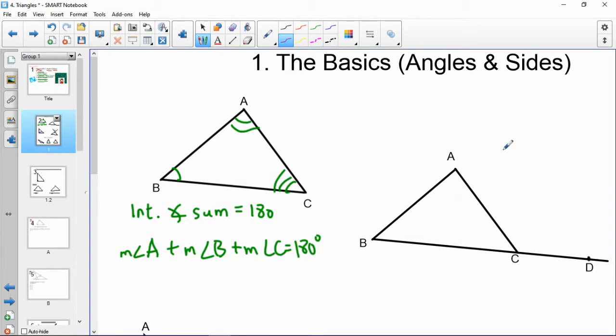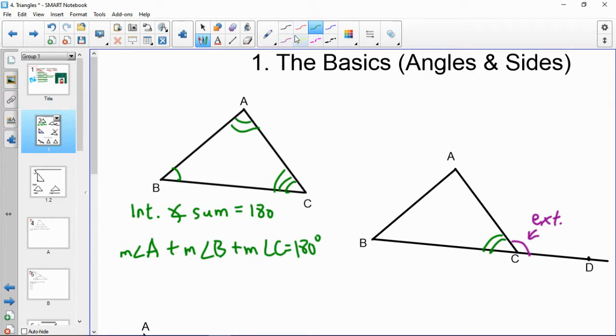Okay, next thing we're going to learn is the concept of linear pairs forming supplementary angles. So in this case, I have an exterior angle over here to this triangle where the exterior angle is angle ACD. And you'll notice that angle ACD is adjacent to angle ACB, and it's on a straight line together.